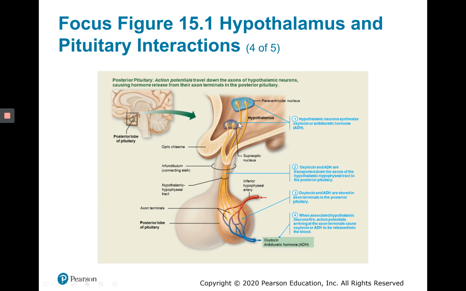They both have tracts or axons that go through the infundibulum and end in axon terminals at the posterior pituitary lobe. These axon terminals contain the hormones oxytocin and ADH. They're stored there. And when the associated hypothalamic neurons fire, action potentials arriving at the axon terminals are going to cause the release of oxytocin and ADH into the blood.